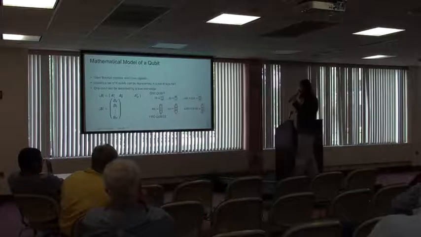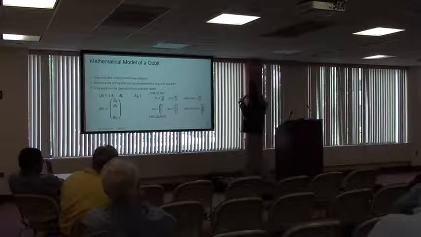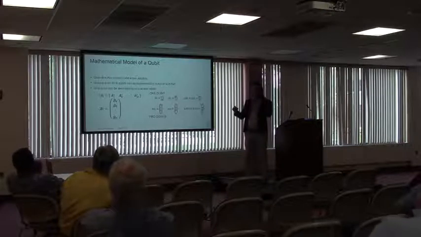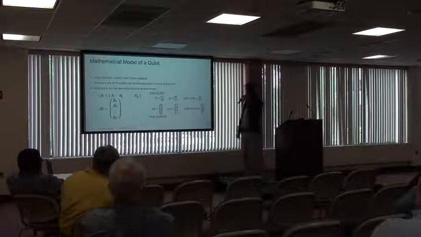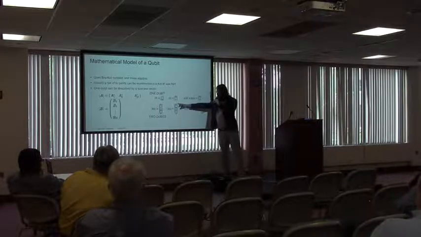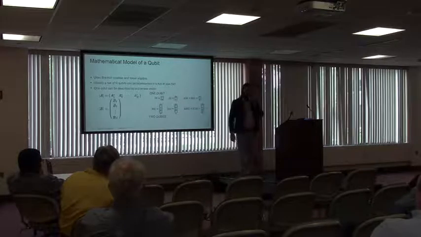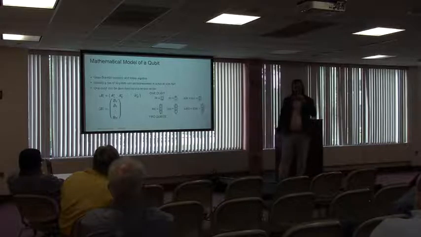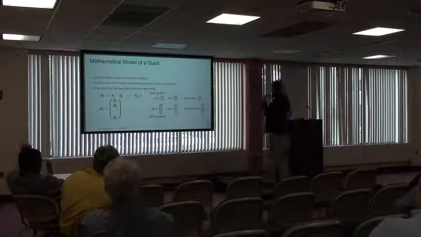Well, what if I had two qubits? Then from those 0 and 1 in the Bloch sphere, I will have instead 00, 01, 10, 11 configurations. And each of them can be represented by a vector. So if I had 3 qubits, I would have 8 different vectors that indicate those states.